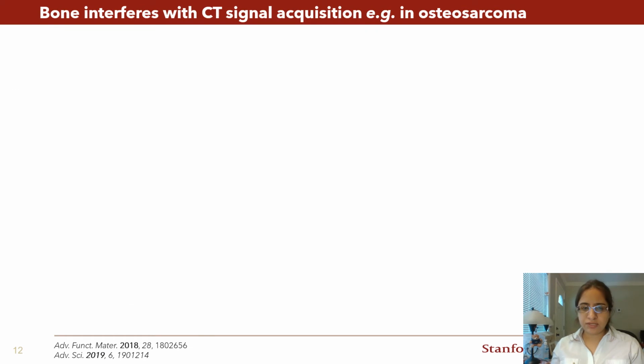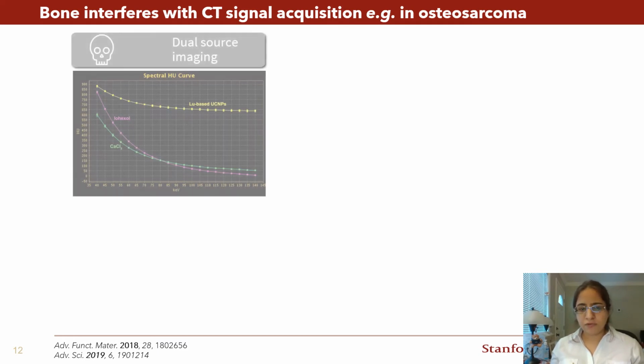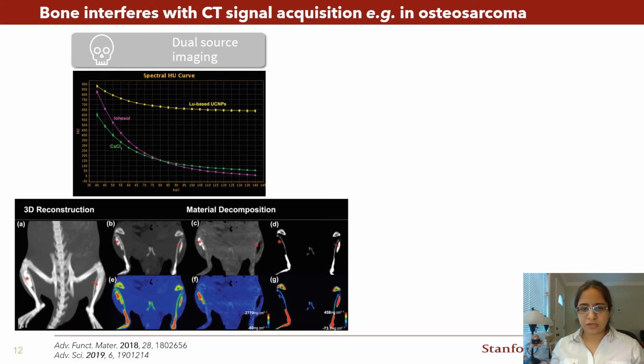Bone imaging presents a challenge in conventional CT imaging, particularly when there is some sort of abnormality associated with it. For instance, in this example, researchers used dual source imaging technology in order to differentiate between osteosarcoma and the bone signal.